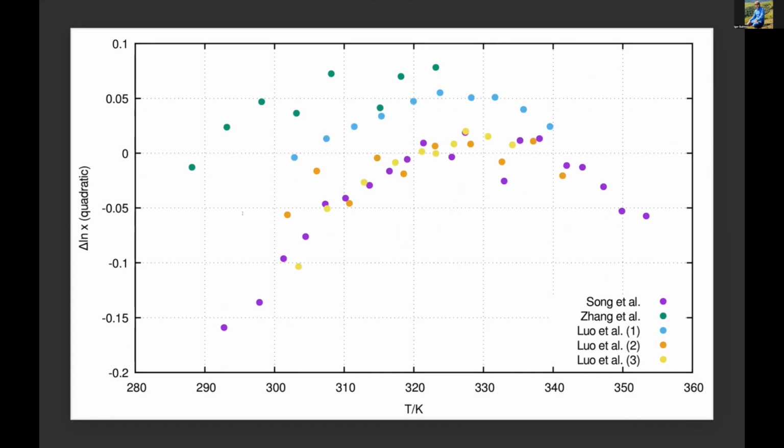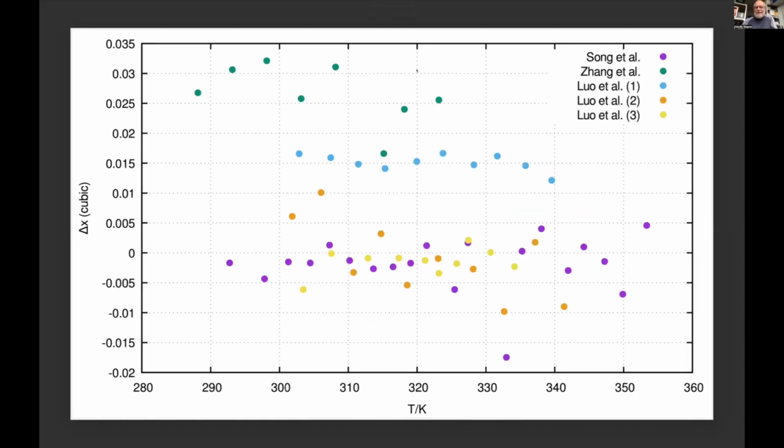This is the quadratic case, so you see that the Zhang data are preferred, but still you see the trends. So even the quadratic regression is not correct. And this is the cubic regression, and here you see that Song's data have residuals close to zero, with probably just one outlier, and law number 3 is in good agreement.